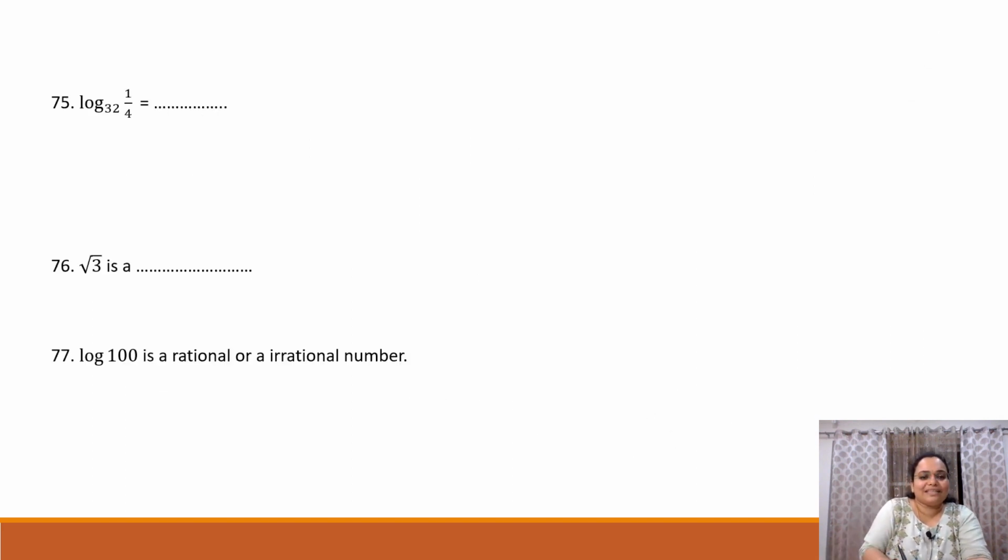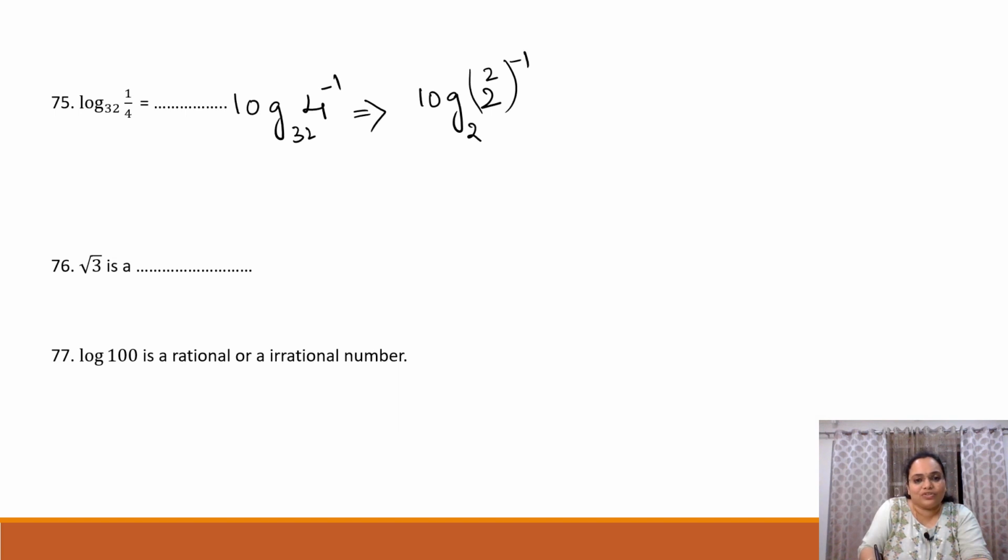So the next one is log 1 by 4 to the base 32. So we can write 1 by 4 as 4 power minus 1 to the base 32. Right? So this can be further simplified as log 2 square to the power minus 1. 32 can be written as 2 power 5. Okay. So log 2 power minus 2, 2 power 5.